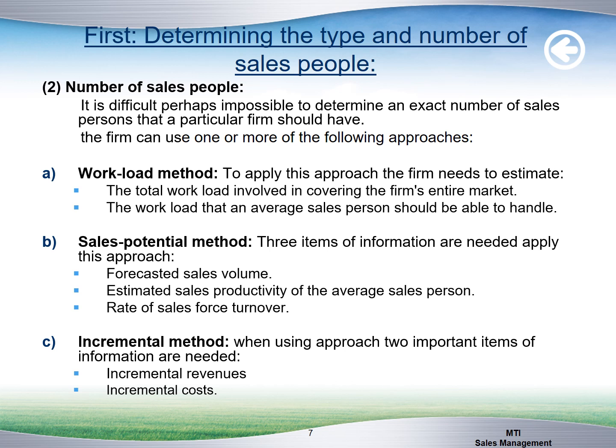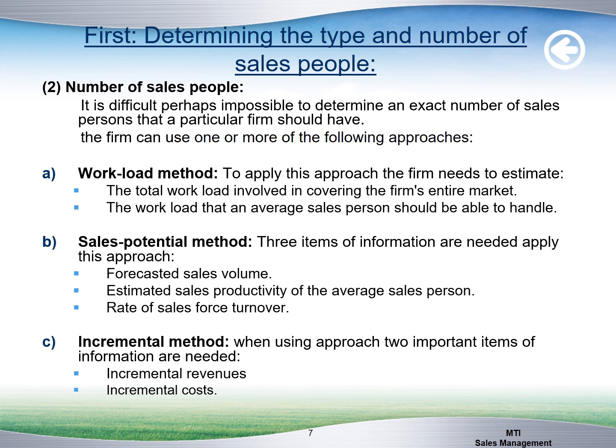The first one, the workload method. To apply this approach, the firm needs to estimate, number one, the total workload, and number two, the workload that an average salesperson should be able to handle or achieve, and then divide the first by the second.